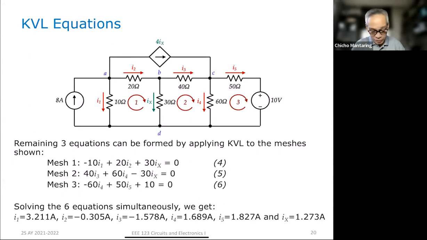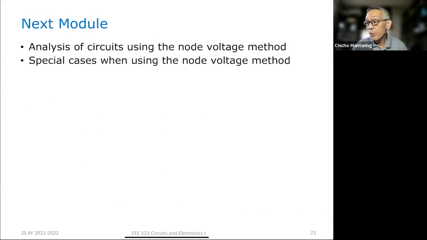Nobody wants to solve simultaneous equations with too many unknowns. So what we're going to study next time is paano natin babawasan yung number of simultaneous equations that we have to solve. In this case 6, can we even reduce it further? And that is the point of the node voltage method.